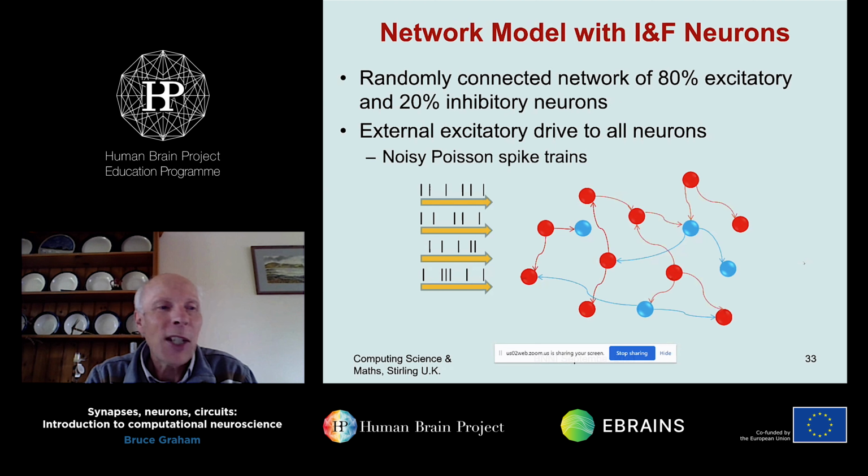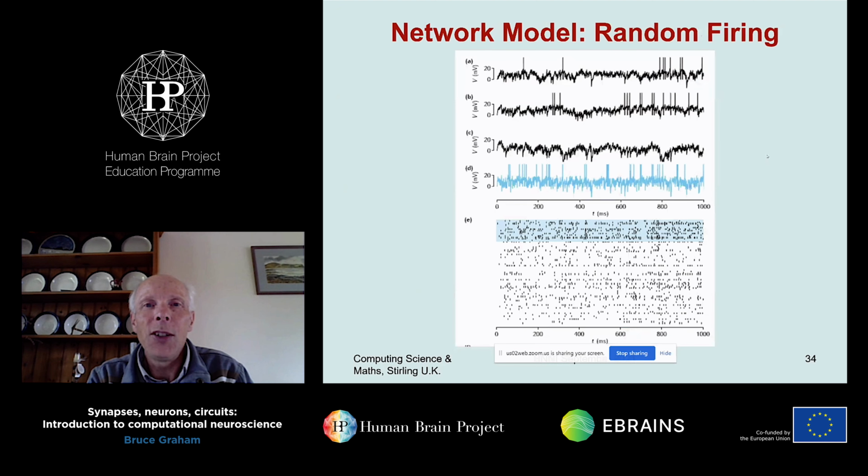So of course you can investigate this too with networks of neurons, and we have a simulation you can play with that does that as well. We've now got lots of inhibitory neurons and excitatory neurons which are connected together in different proportions, and you can also create random firing in these neurons.